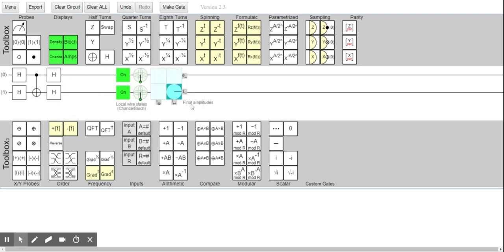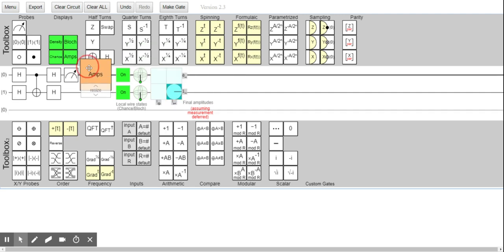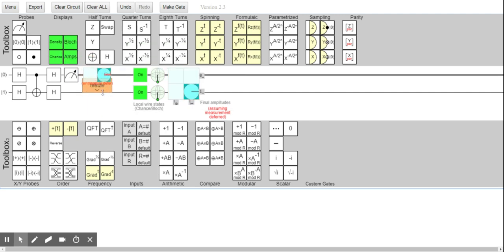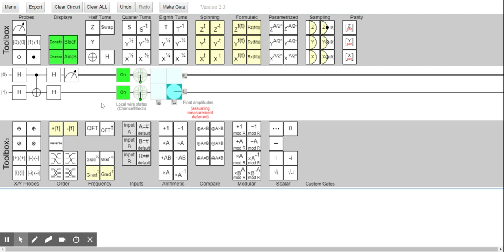More, and then we've got a 1 here, because that's what we measure, yeah. 1. 1.